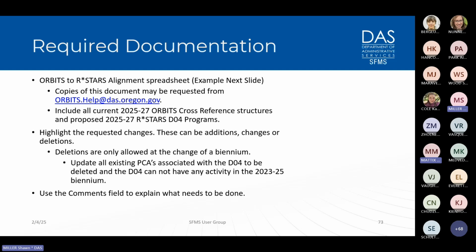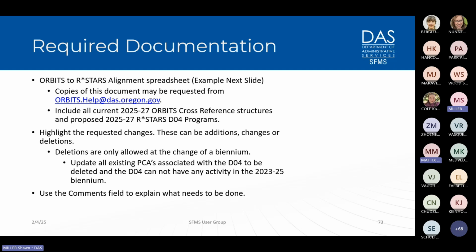So you'll send in a program alignment spreadsheet if you have changes to the normal Orbit's help inbox that is listed there. You don't need to do it if you don't have any changes. We're actually running a report to see what agencies have DCRs or SCRs that exist in the budget development that did not exist in the current biennium.